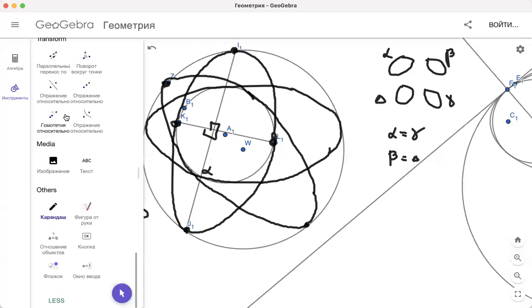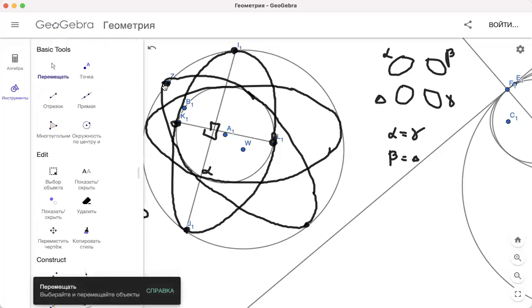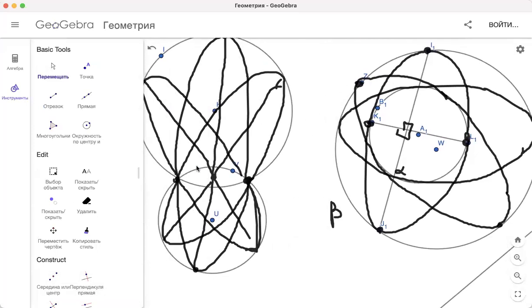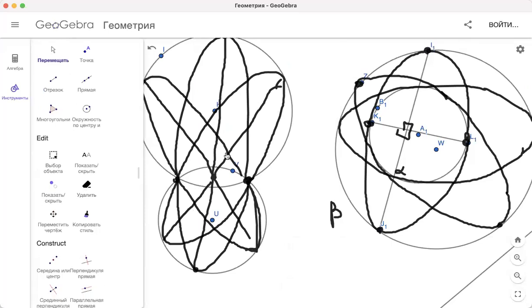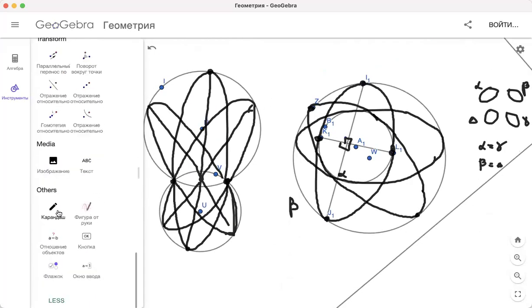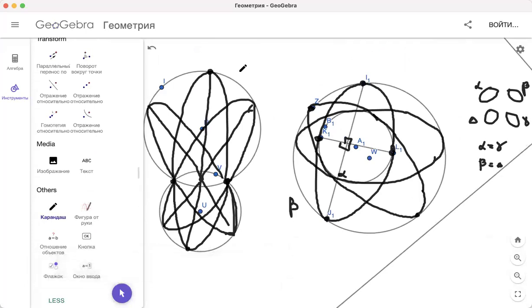And in the previous situation, in this case, we have that two conics are circles intersecting in two points. So alpha and beta are circles, and gamma and delta are the intersection points of these circles.